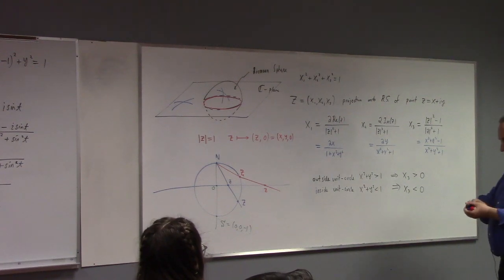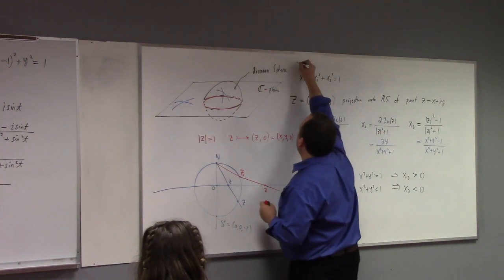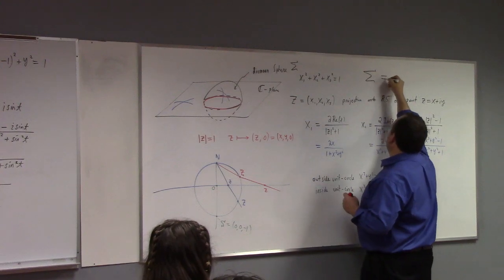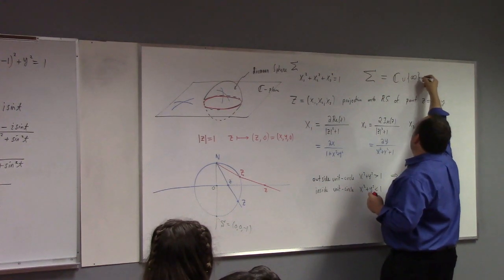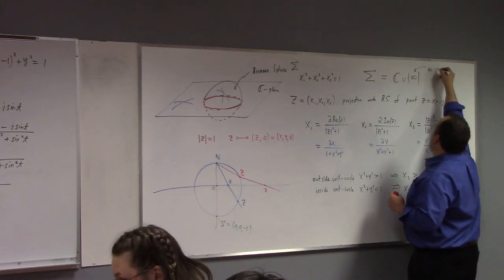So if I call this Riemann sphere sigma, then I can say sigma we naturally identify with the complex numbers unioned with infinity. And infinity we think of as the North Pole.